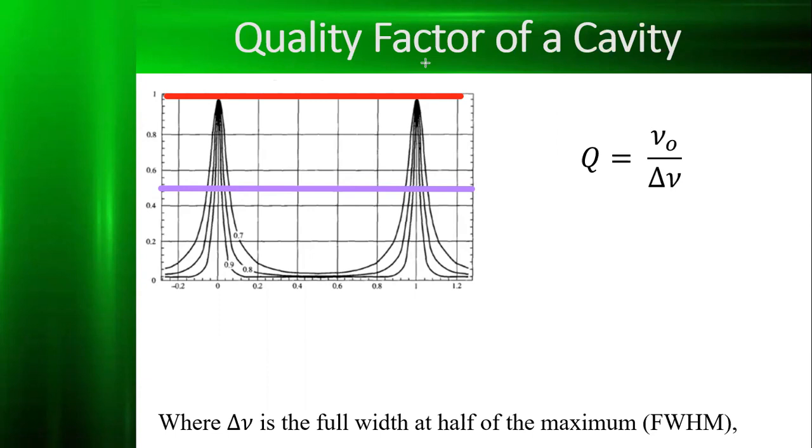So let me use another pen, and another color, for example the green color. So as you can see here, we have a line here and a line here. So the broadening or the widening of the signal, measured at 50% of the maximum amplitude, is what we call the full width at half maximum.